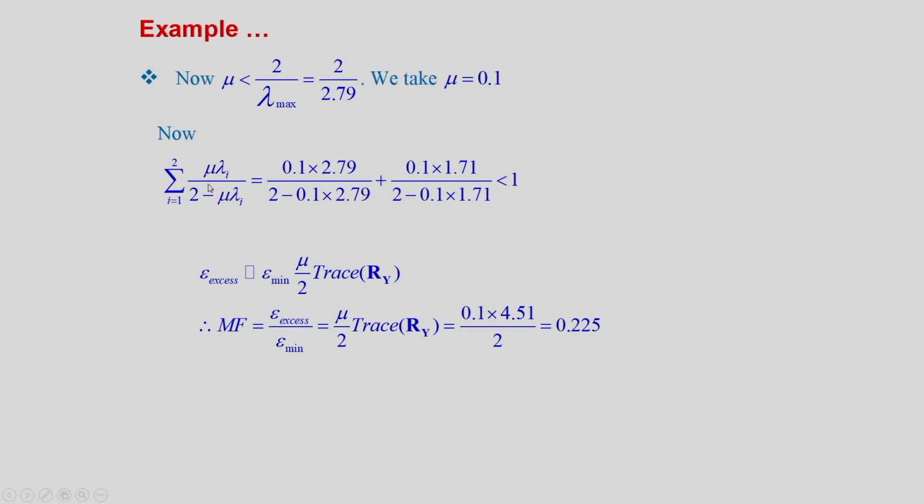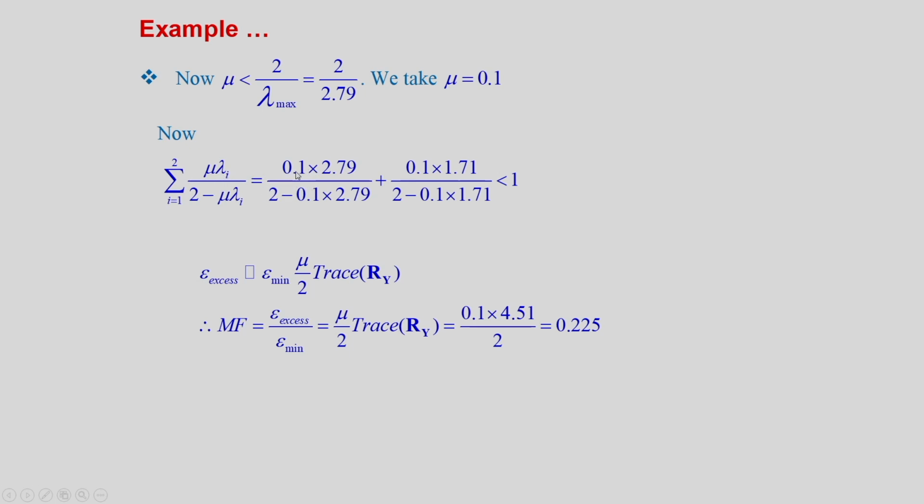Then we see this factor, that is, we want to determine the excess mean square error. Therefore, this factor we have to determine: summation of mu lambda i divided by 2 minus mu lambda i, going from 1 to 2, here m is 2, and this we can find like this.